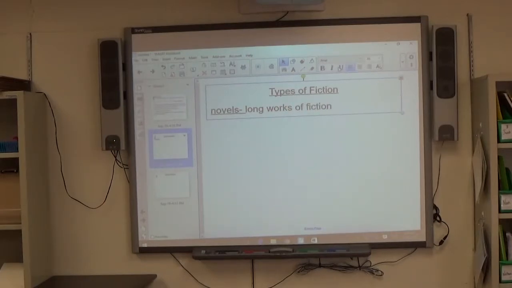When you guys think about novels, you probably think about chapter books. A little bit shorter than novels are called novellas. A novella is a short story. They're longer than short stories, but shorter than novels.